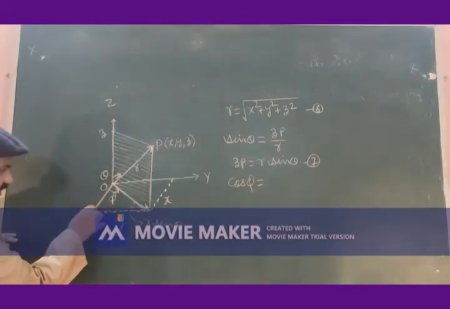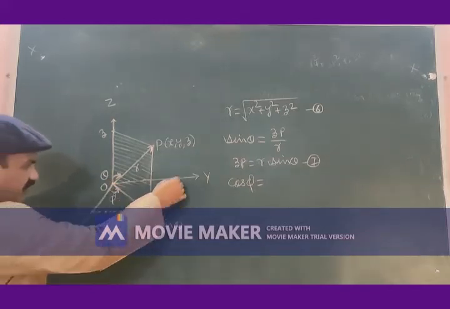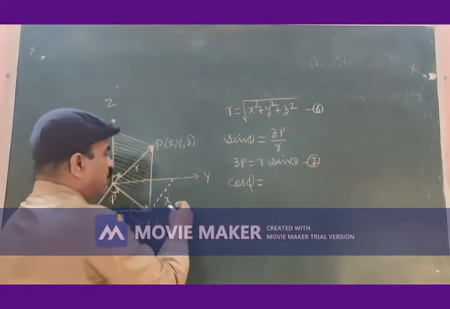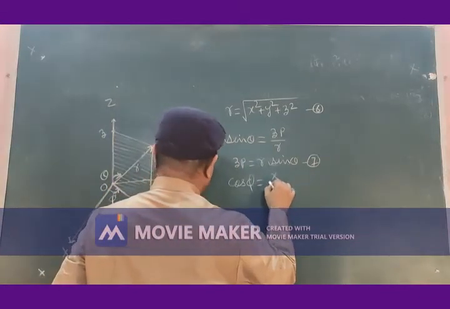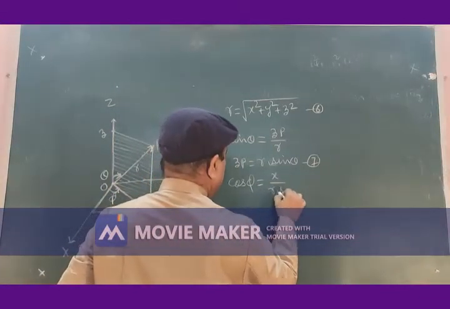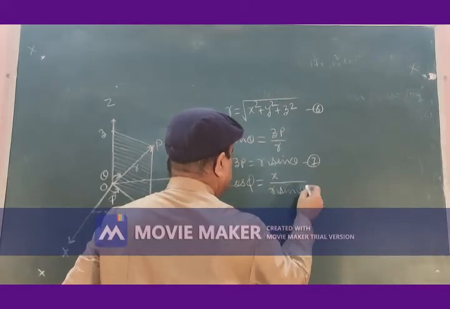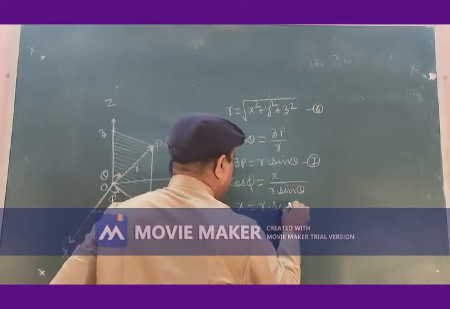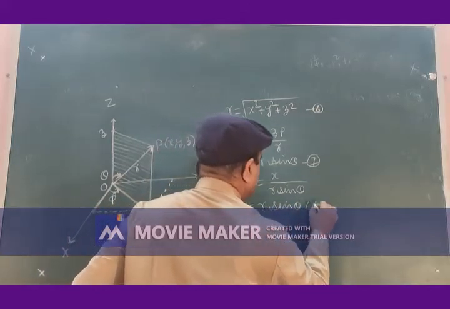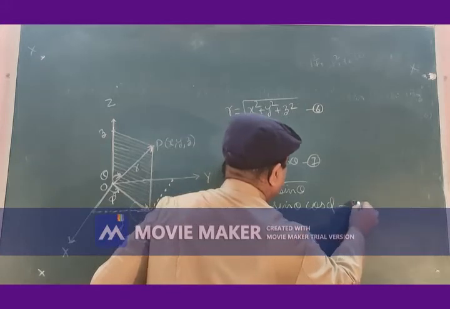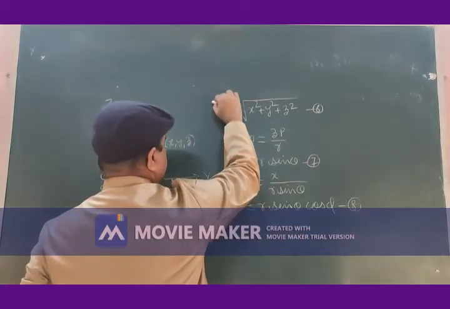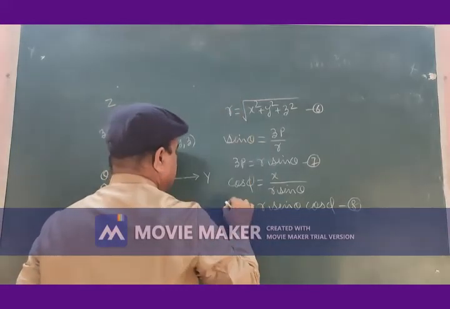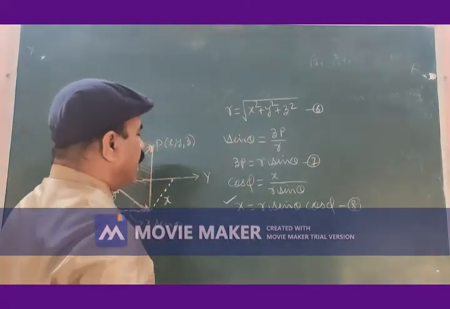Adjacent side is this, this is equal to x, divided by this, and so cos phi is equal to x divided by R sin theta, or x is equal to R sin theta cos phi, equation 8. This is R, and this is x.